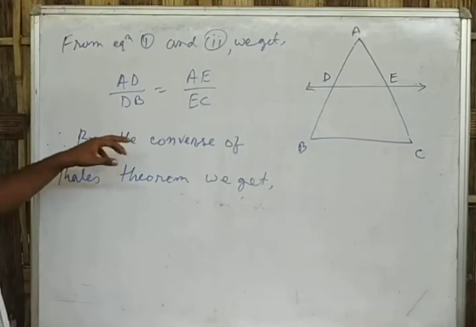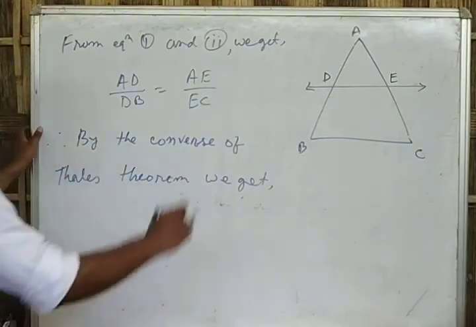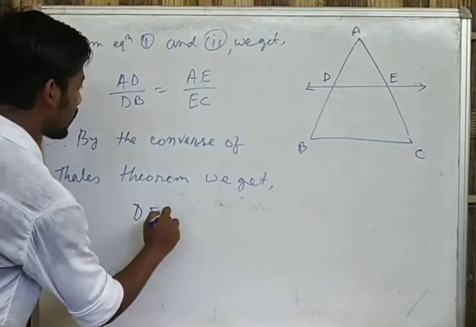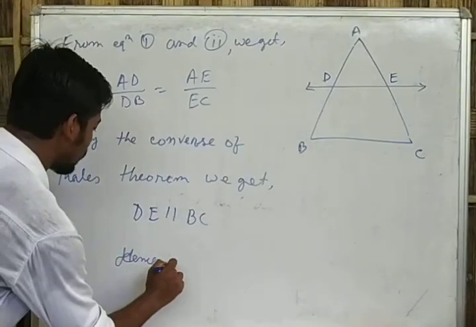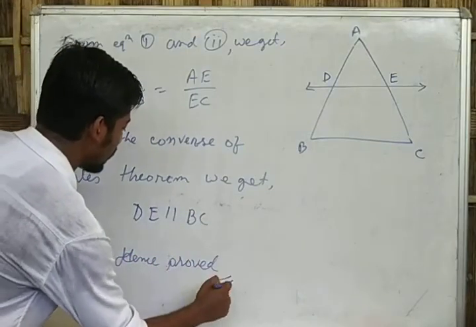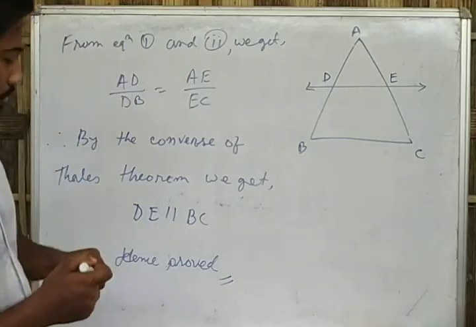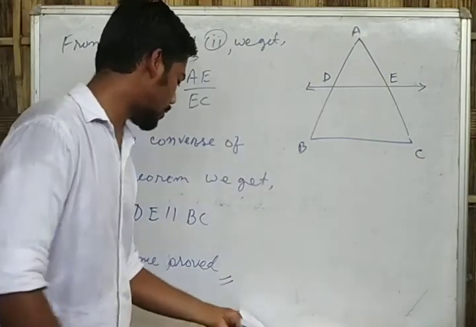So by the converse of Thales theorem, the line DE is parallel to the third side. Hence proved. Question number 8 is complete.